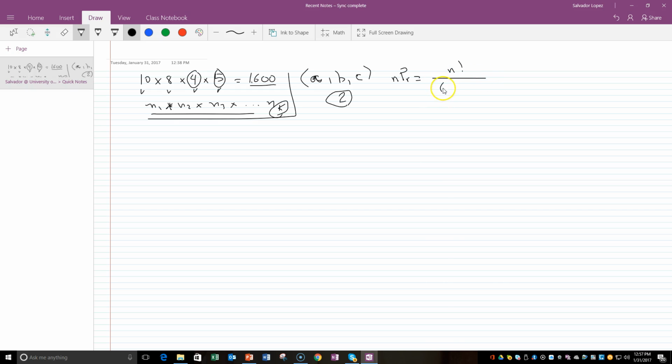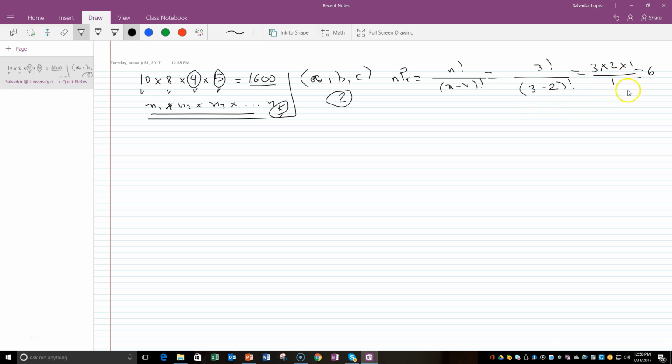Well, the formula is n factorial divided by n minus r factorial. So n factorial would be 3 factorial divided by 3 minus 2 factorial. So it will be 3 times 2, times 1 if you want to add the 1, on the numerator, divided by 3 minus 2, which is 1 factorial. Factorial of 1 is 1.